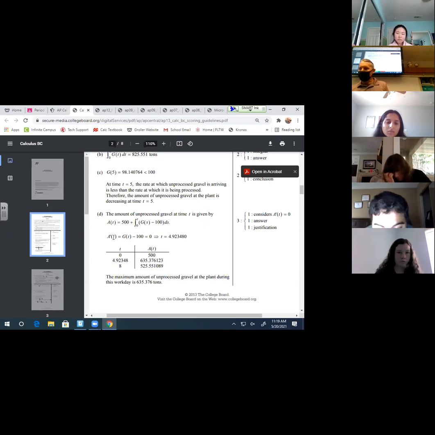They then say A prime of t is equal to G of t minus 100. This is the big thing. And that gives us that A prime of t is equal to 0, or G of t minus 100 is equal to 0, when t is equal to 4.923480.